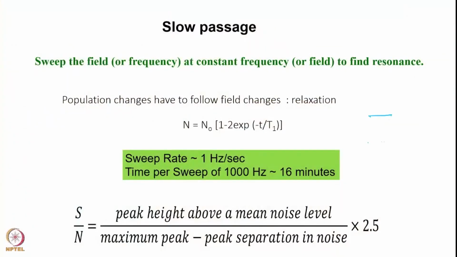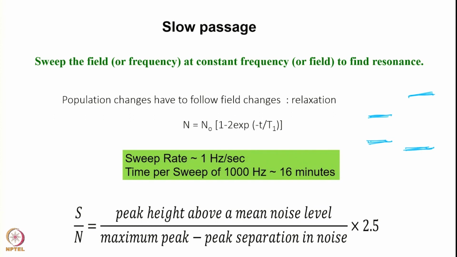Therefore, people were sweeping the field, but when you sweep the field, what happens? The energy levels will change. If I have a particular field here, and if I change the field, the energy levels will become like this, and the populations which are present here will have to readjust. That is dependent on what is called the spin lattice relaxation time, and this is a slow process.